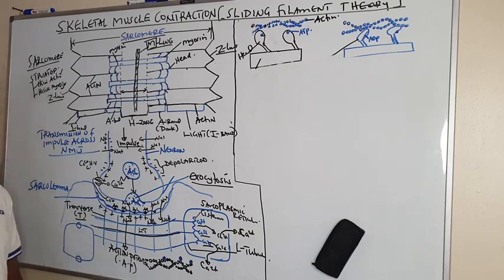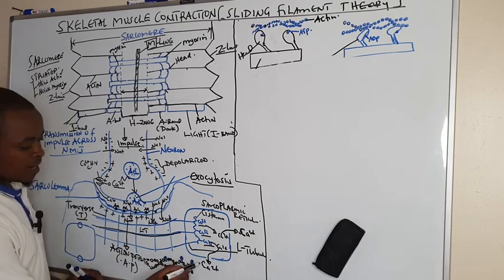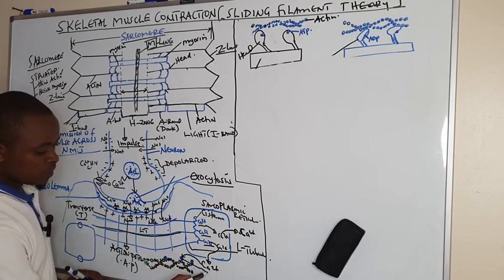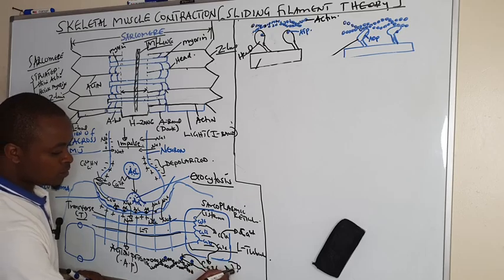And when these calcium ions are released, they come and attach to the troponin. This is what we call troponin.